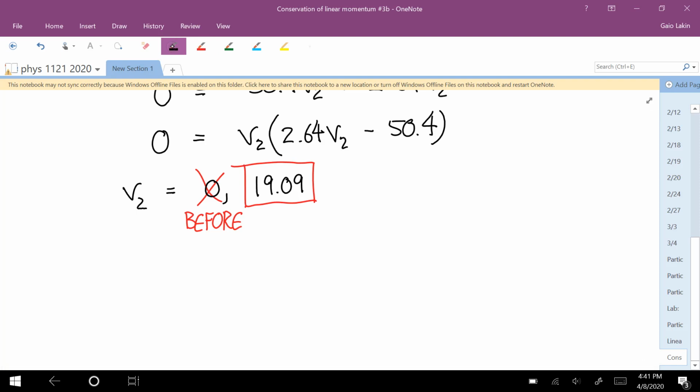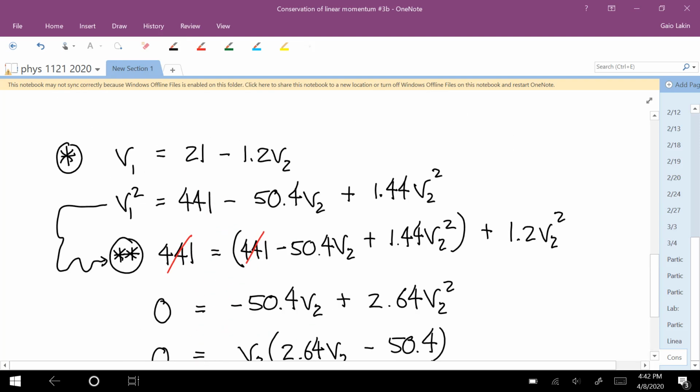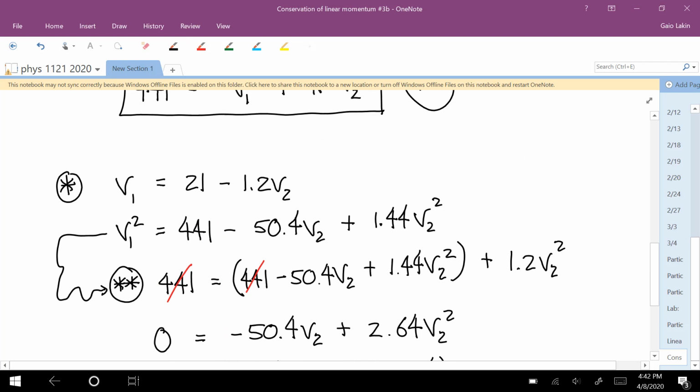Okay, so V2, these all represent x components of velocities, so you can think of this vector as 19.09, 0. We also want to know what's happening with V1, but to do that, you just have to plug it back into any equation you have up above, and if you've done things right, it is correct. You can use whatever's easiest to find V1.